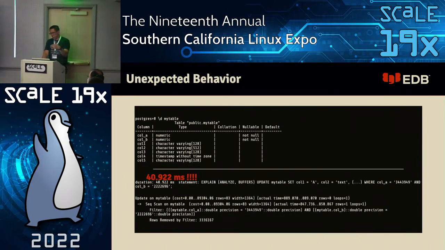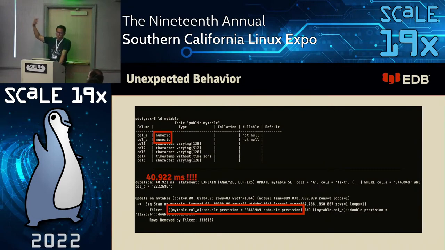The reason we were able to figure out what the problem was, and we found out that it was taking 40 milliseconds, and the explain analyze output showed us that there was a data type mismatch.